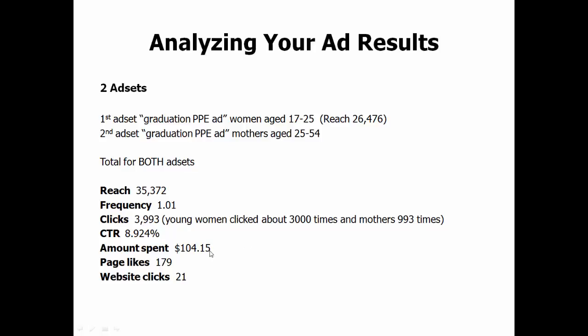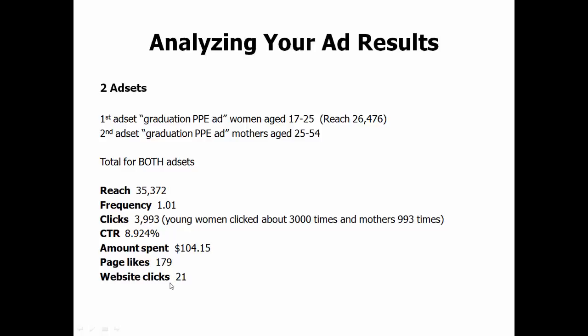CTR, the click-through rate, was 8.924%. The amount I spent for this ad set was $104. Page likes were 179, and website clicks 21.